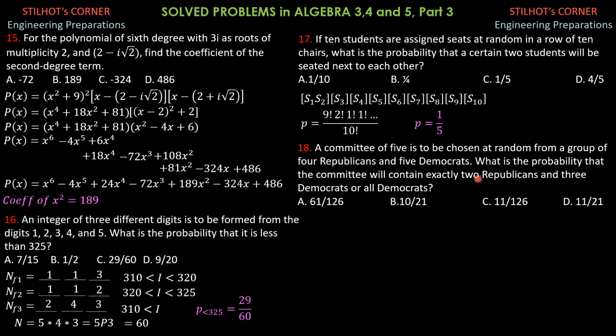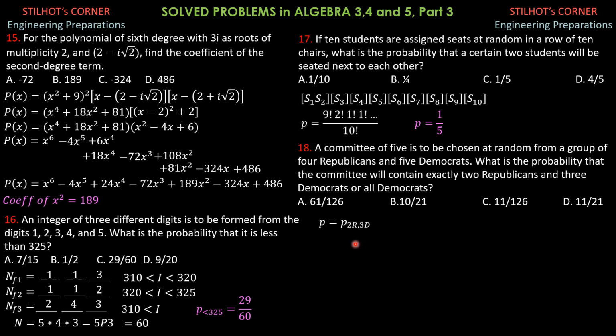And that is combinations. So 4 combination 2 times 5 combination 3, all over, there are 9 persons here, so 9 combination 5. Then plus 5 combination 5 over 9 combination 5.